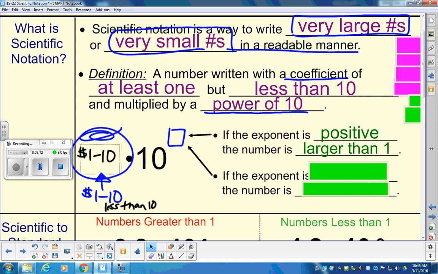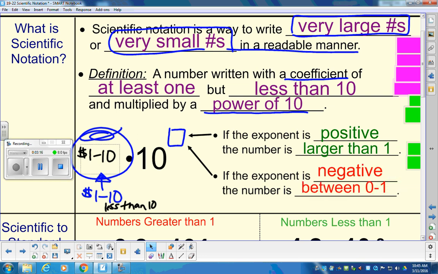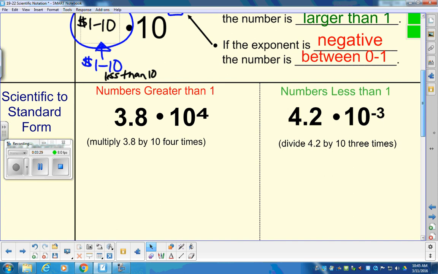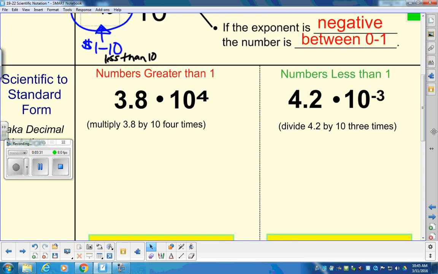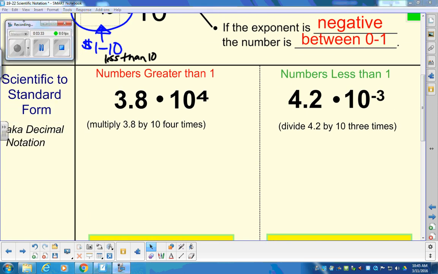If the exponent is negative, that means the number is super small, between 0 and 1. Negative exponents indicate something very small under a microscope. It comes up all the time in science, when we're looking at some bacteria, things like that. Maybe you've even seen that in the germ lab you did in 7th grade science here.